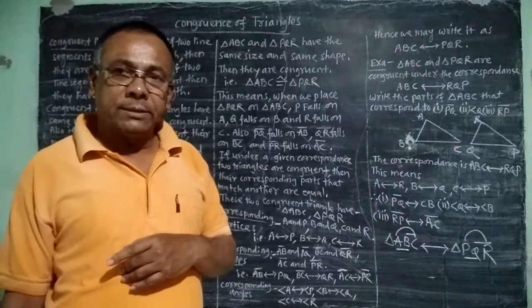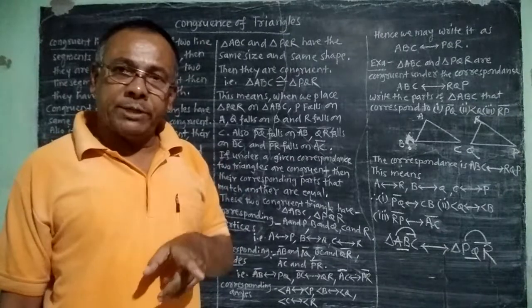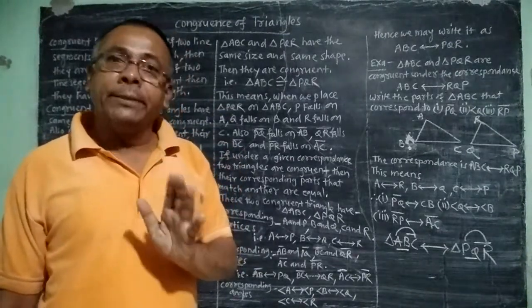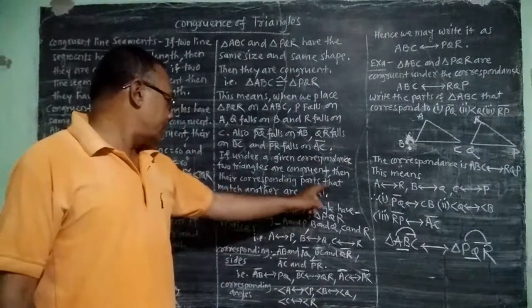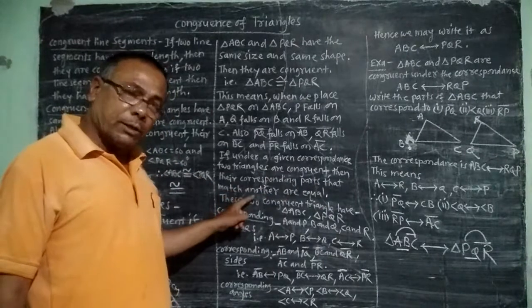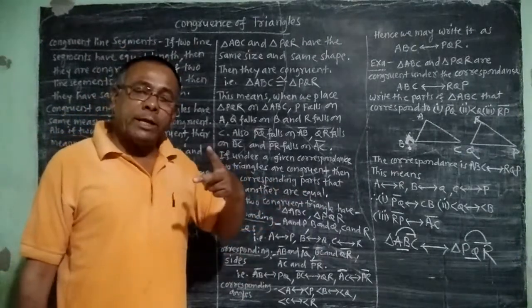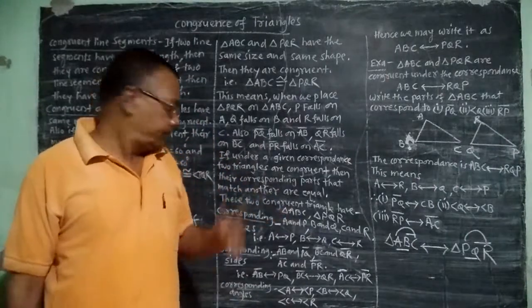Angles and sides. These are the parts. So corresponding angles have the same measure and corresponding sides have the same length. Means the corresponding angles and sides must be equal.